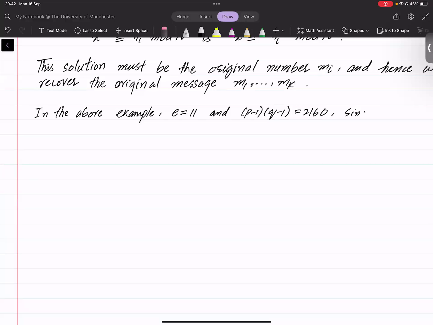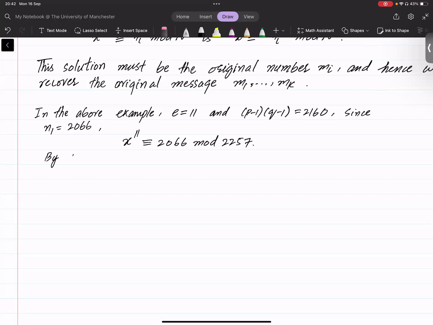And since N1 is 2066, to recover the first number M1, the original message, we need to solve the congruence equation X to the power 11 is congruent to 2066 mod 2257.